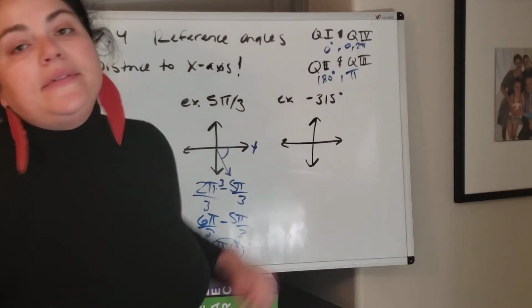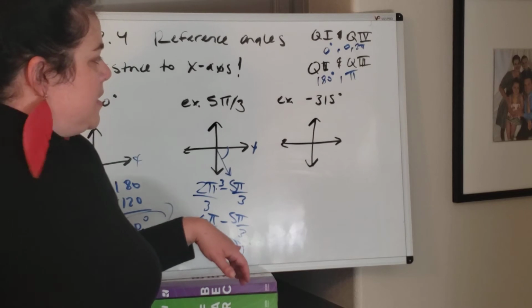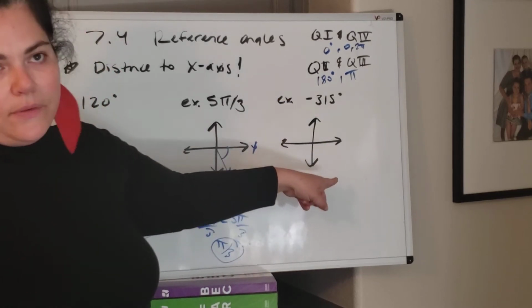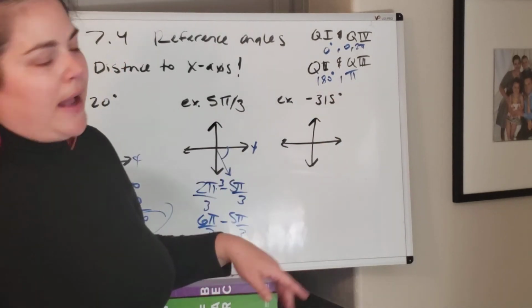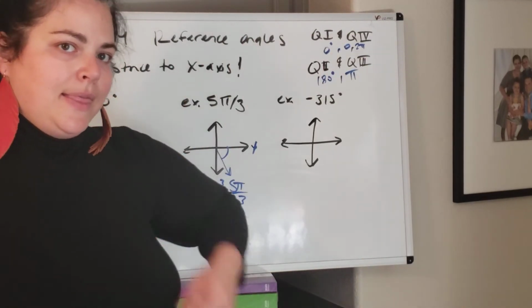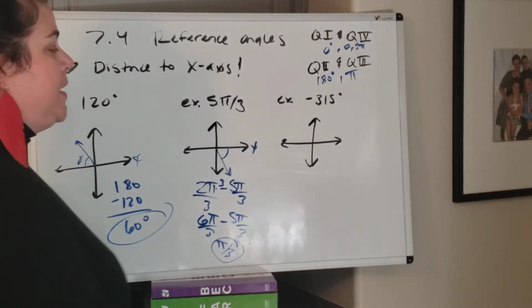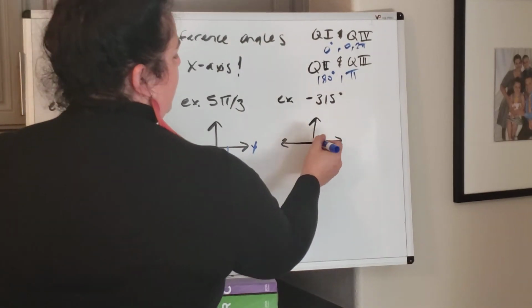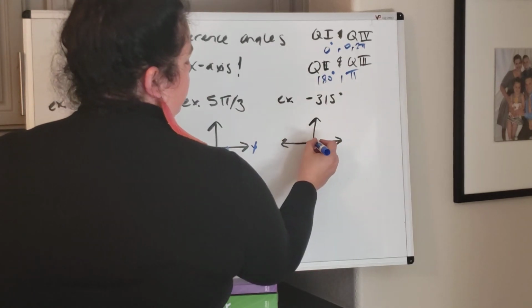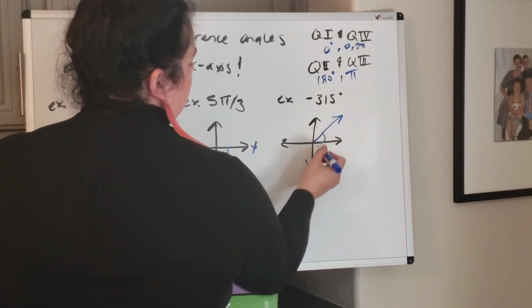Lastly, we have negative 315 degrees. Again, we're moving negative around our axis. Negative goes clockwise. So I've got negative 90, negative 180, negative 270. We're about 45 away, so right here.